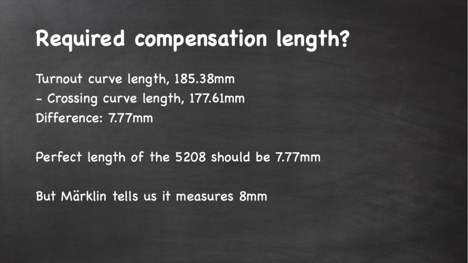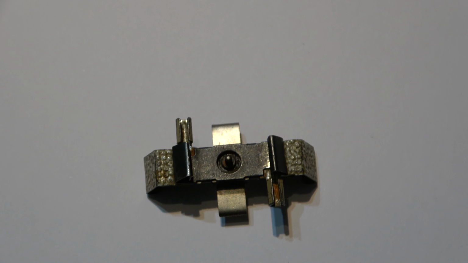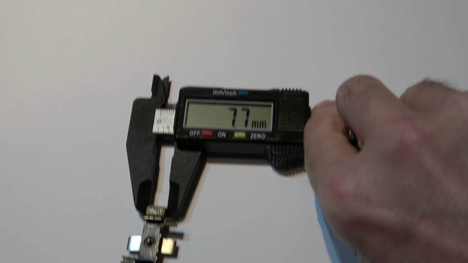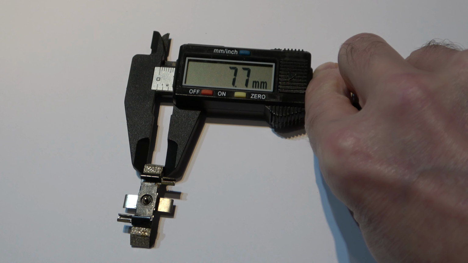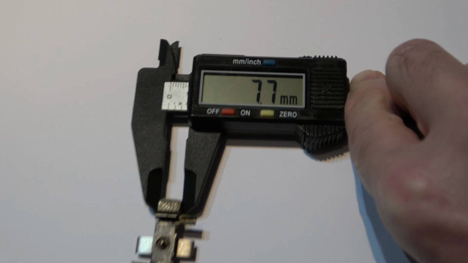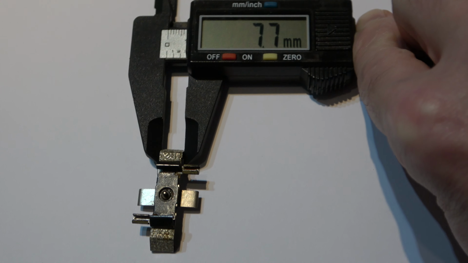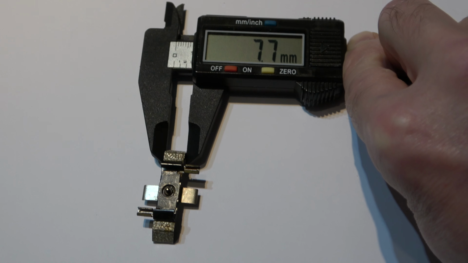So let's check the real thing. Here is one here, and I'll use my cheapo measuring caliper to check its length. Aha! 7.7 millimeters. So Märklin simply rounded the figure up.